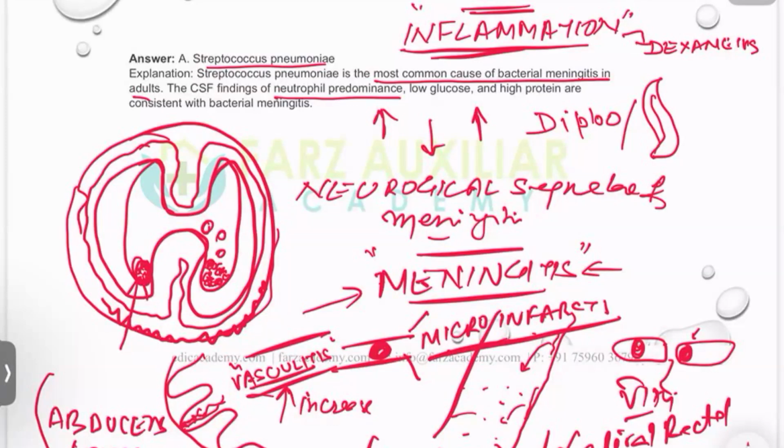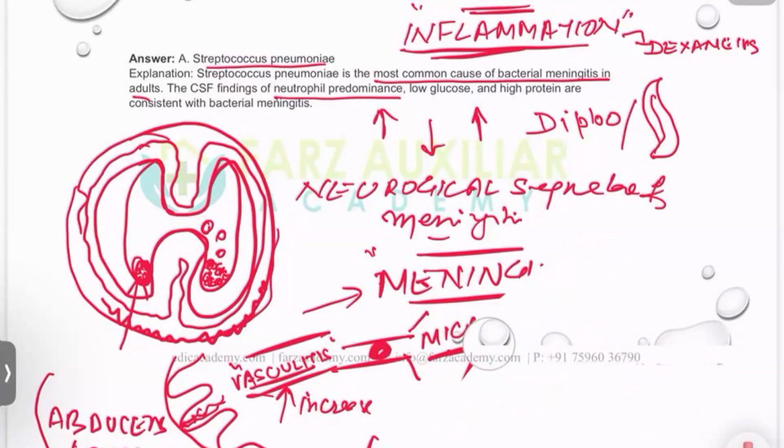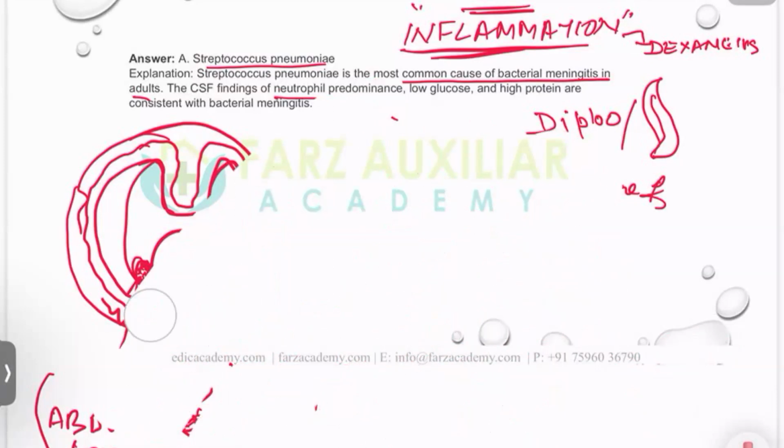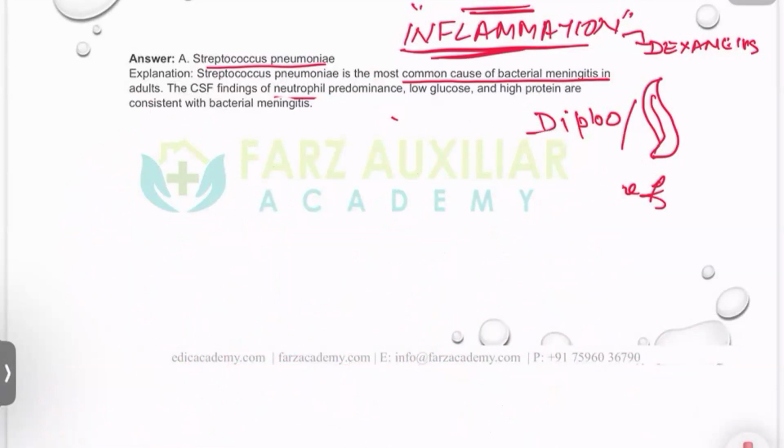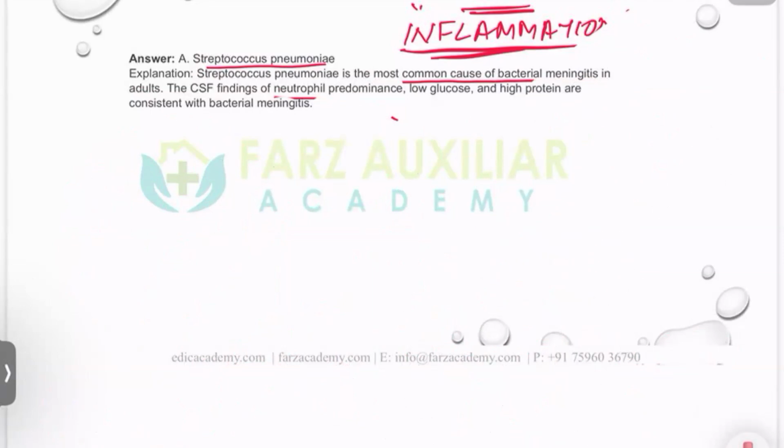So this brings me to another point, the natural course of meningitis and encephalitis. I can make these questions very interesting for you. For example, this patient whom we treated for meningitis becomes drowsy on day 7. What could be the possible causes? Hydrocephalus.